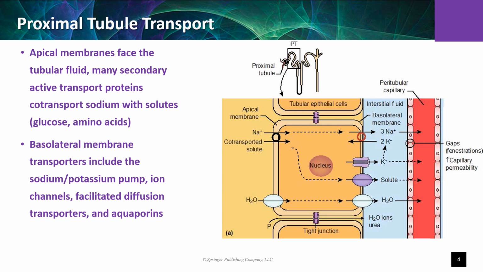The remaining 10% is absorbed in the late proximal tubule by means of the SGLT1.